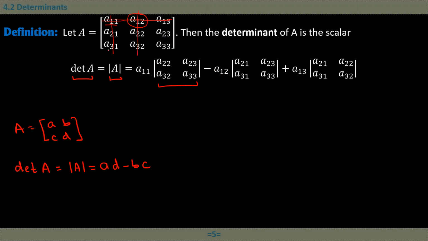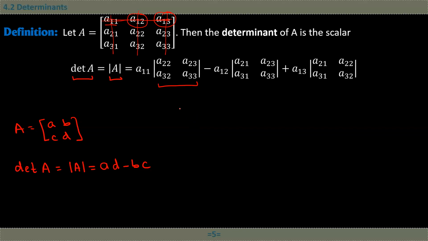A21, A23, A31, A33, right? The first one is plus, the second one is minus. Then A13: in a similar way, just pick this component and delete this column and this row. And this is how we define the determinant of a 3 by 3 matrix.